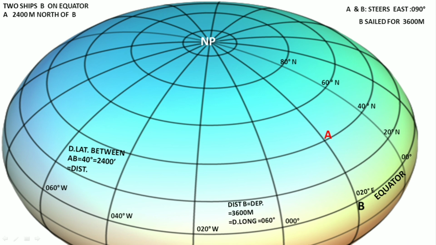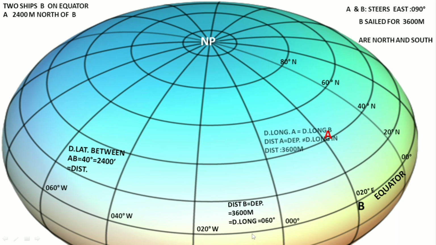When I said that both the ships are north and south of each other after sailing 3,600 miles, that means A is also on the same meridian. So A has also made the same d long of 60 degrees. They are north and south. A has also made the d long of 60 degrees.